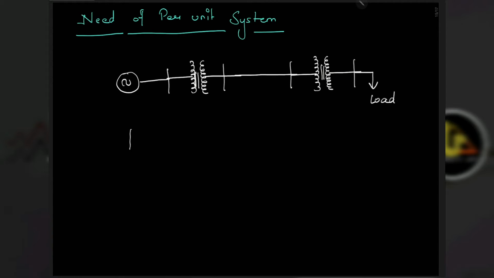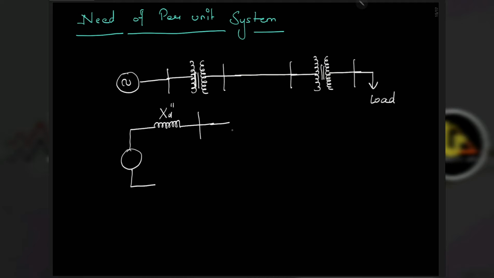for this small network, then this is the induced EMF in the generating side. This will be the synchronous impedance, subsynchronous impedance. Then this is connected to the transformer.